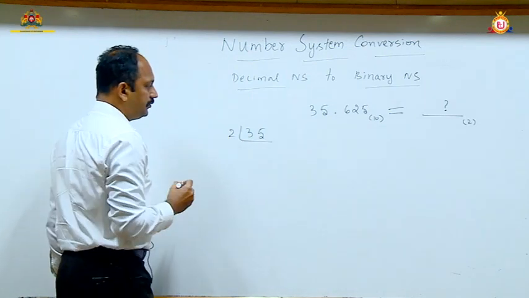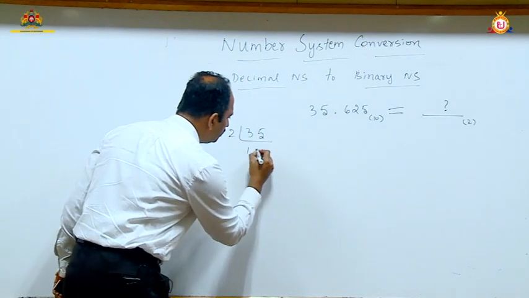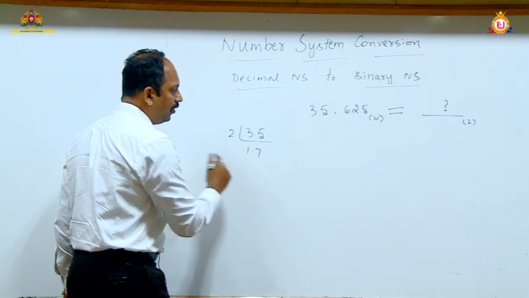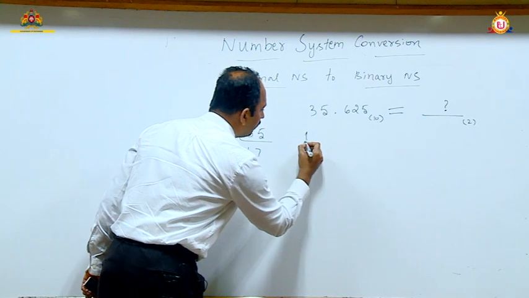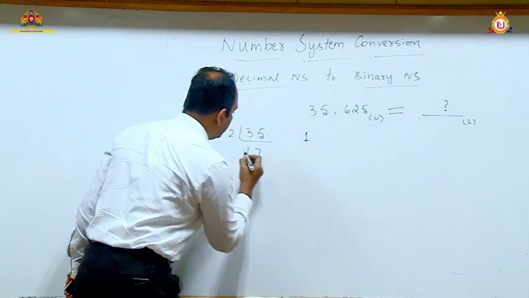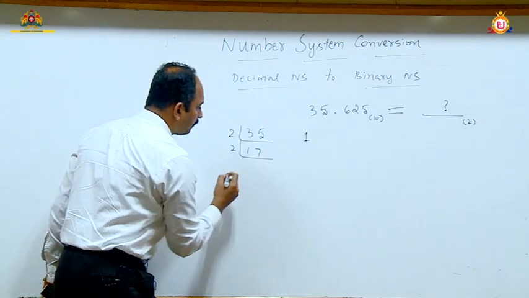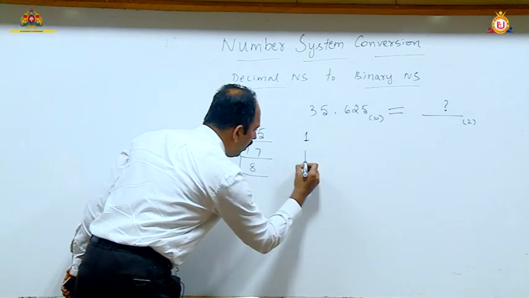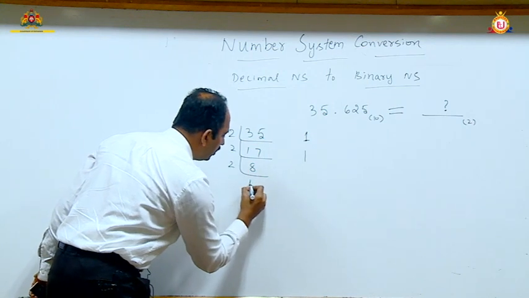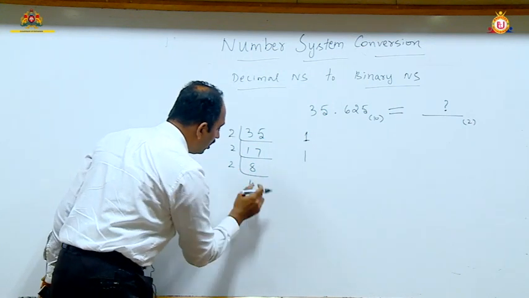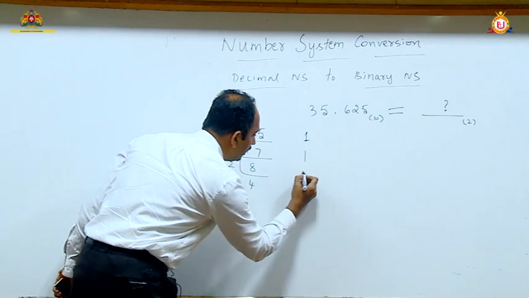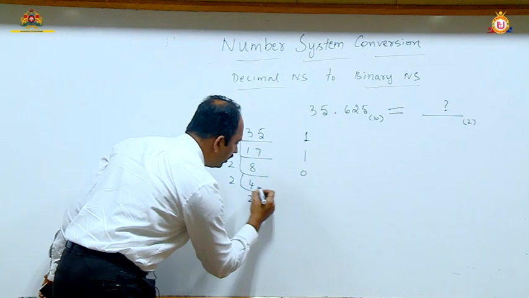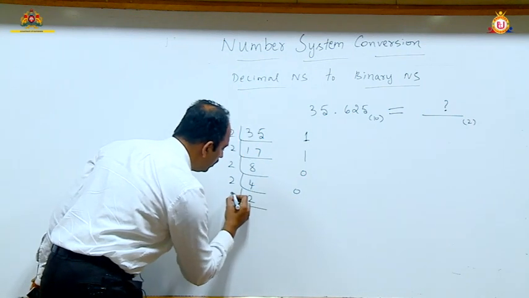So, 2 times 17 is 34. The remainder is 1, I am writing it at the right side. So, 2 times 8 gives 16, the remainder is 1. 4 times 2 is 8, the remainder is 0. 2 times 2 is 4, the remainder is 0.